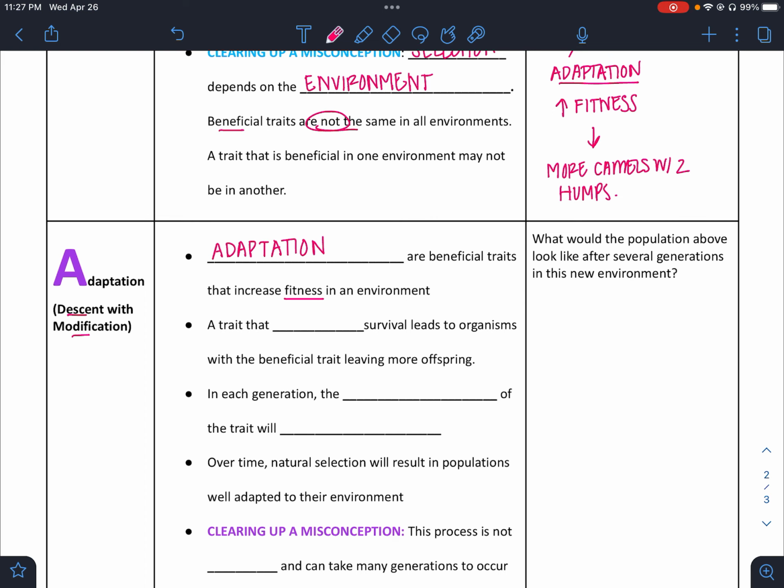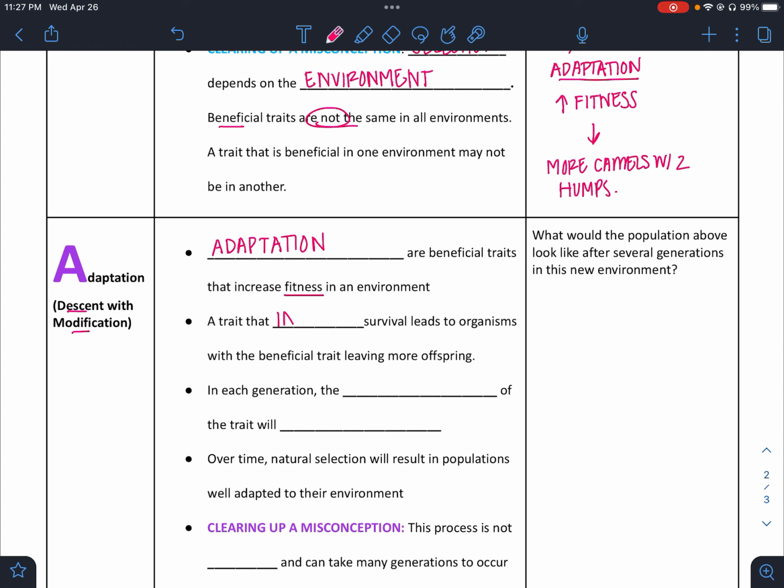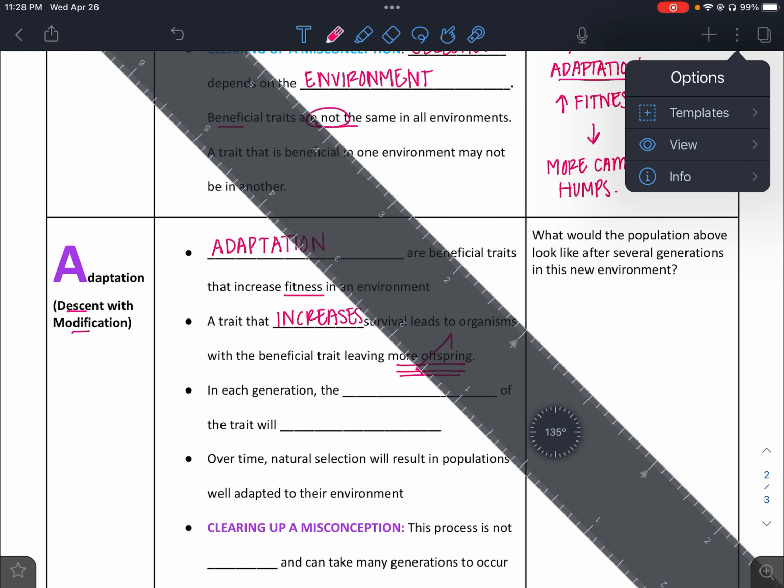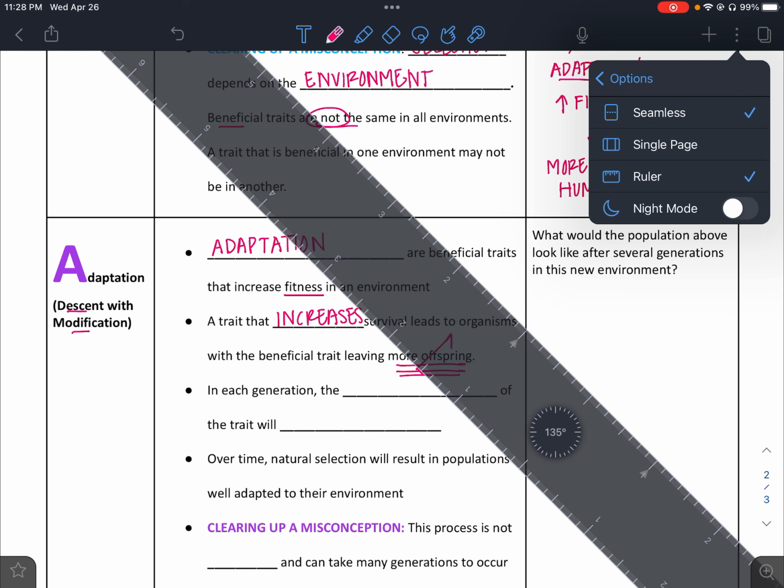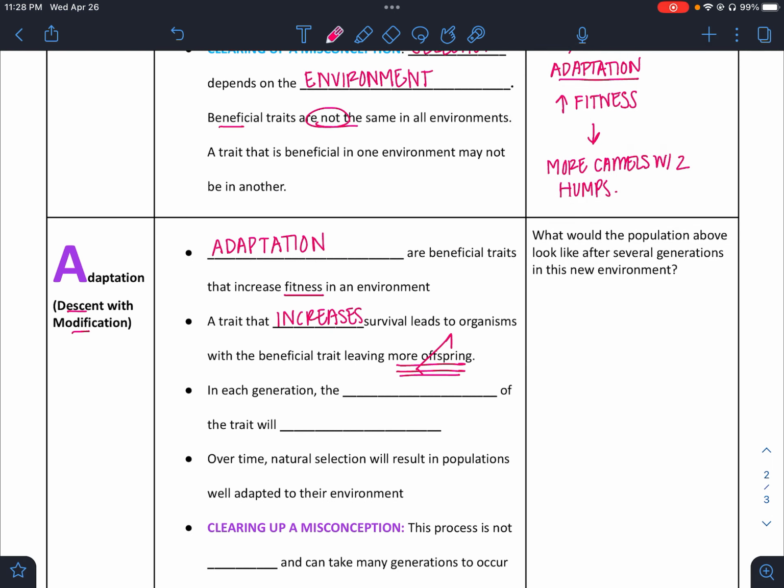A trait that increases survival leads to organisms with the beneficial trait leaving more offspring. So again, more offspring means higher fitness. Okay.